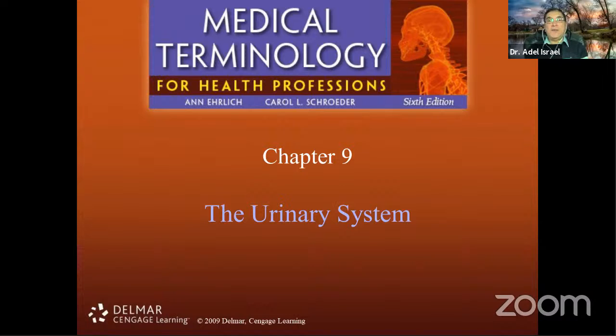Eventually we have 11 systems inside our body, and today we are going to talk about the medical terms of the urinary system. Before I proceed, I would like to know if you have any question or something not clear.